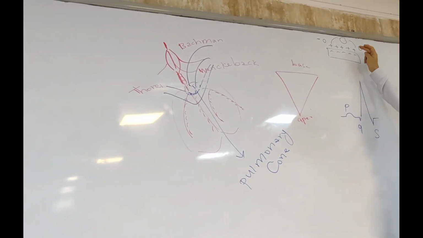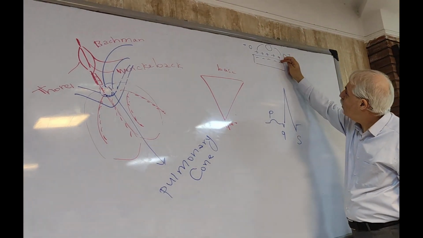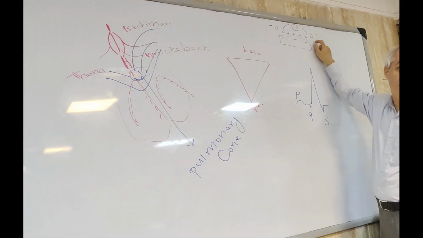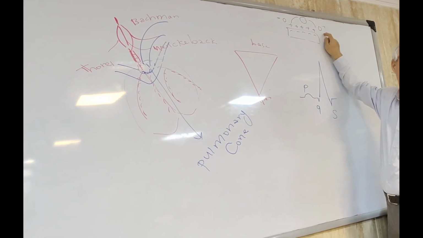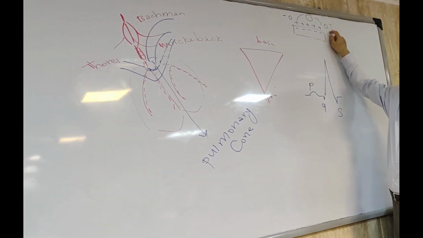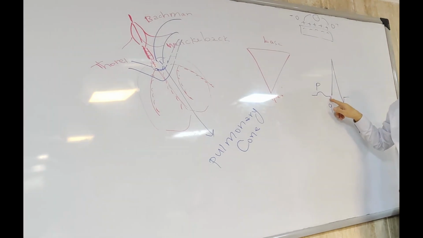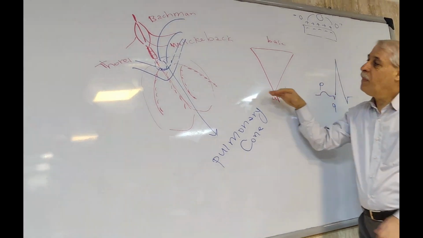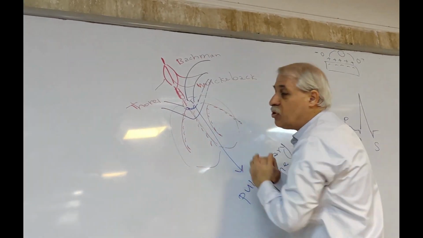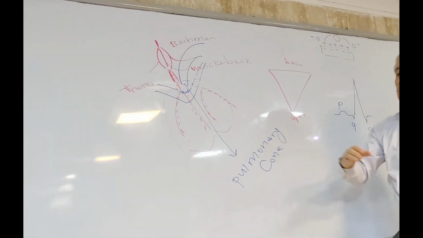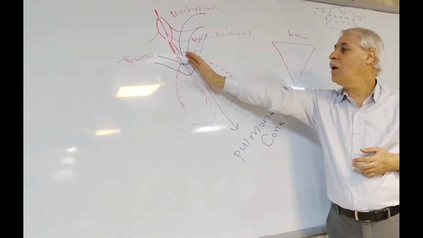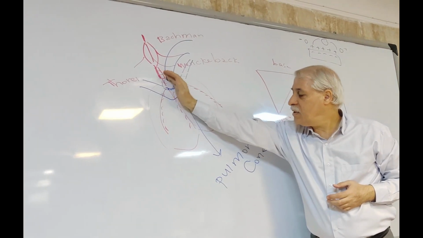From the left to the right means depolarization is moving away from the positive pole of the electrocardiogram apparatus. That is why we have a small negative deflection here. Then the lateral walls neutralize each other. So the left ventricle continues to be depolarized from the base to the apex.